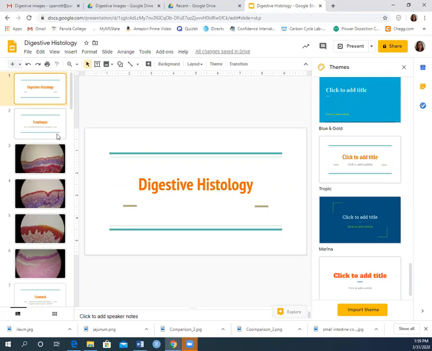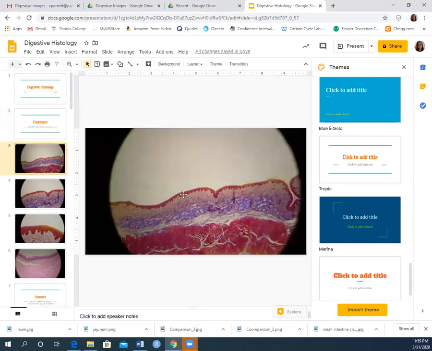Yes. Okay. So we'll start with the esophagus because that's the first one you'll come to going down the gastrointestinal tube. What you're going to be looking at is that the esophagus has stratified squamous epithelium.